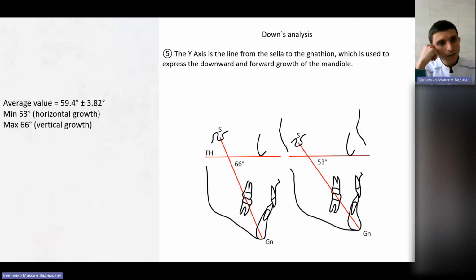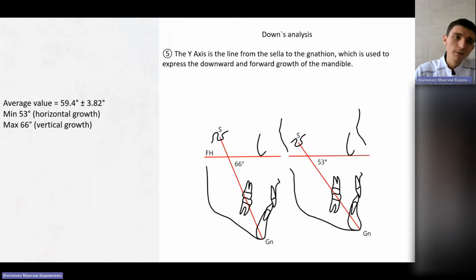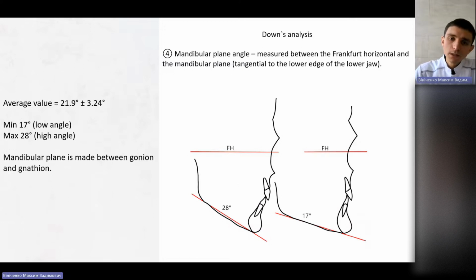Minimum 53 means horizontal growth. Horizontal growth means that the FMA, about which we talked earlier, would decrease.